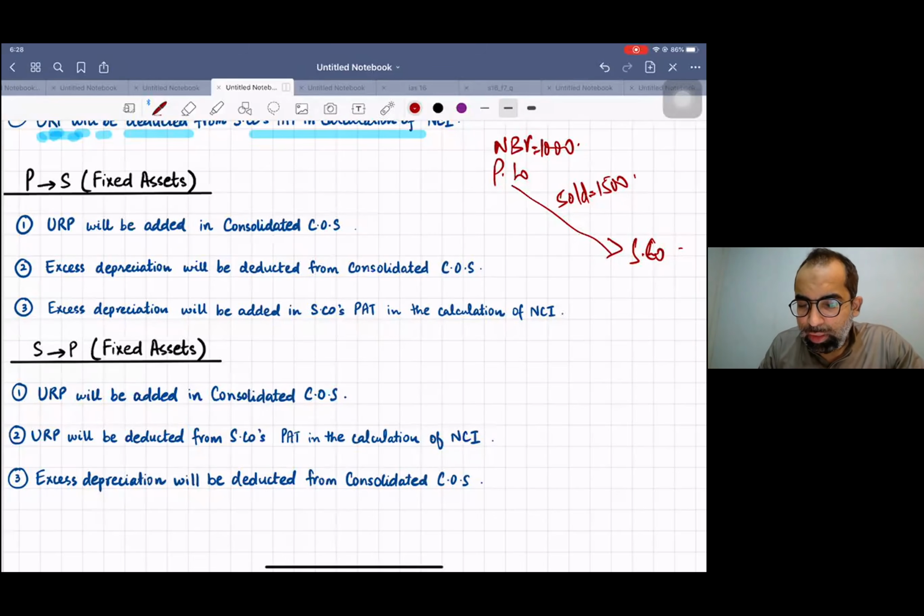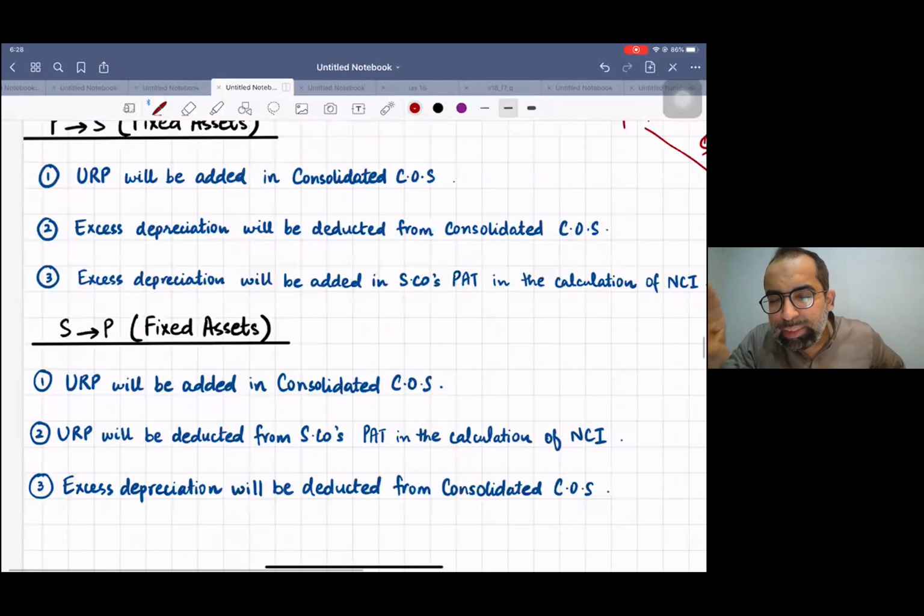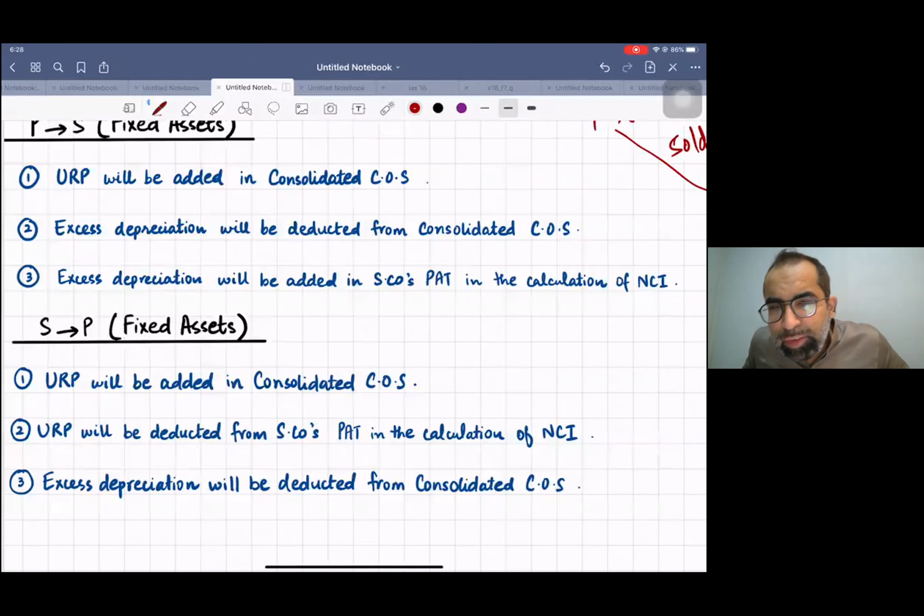Now first of all, P2S. As the sale is P2S, that means P company sold a non-current asset with NBV of 1000 to S company for 1500. That means P company booked URP of 500. So the URP is in parent company's P&L.